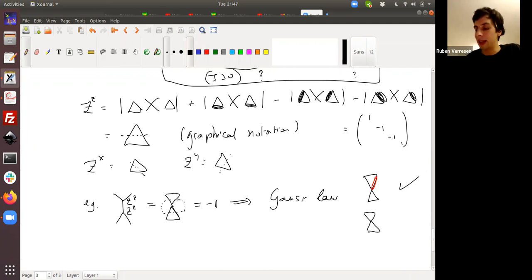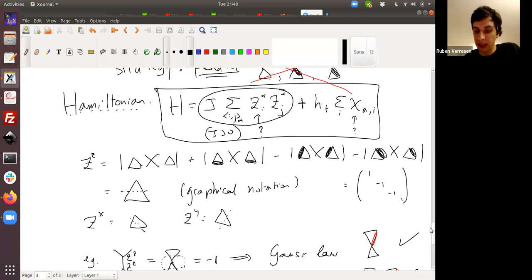Whereas something that violates it, like an empty one, or a double one, will not be consistent with -1. It will be energetically forbidden. Okay. So with this 2-body definition, if we ignore this term for a moment, the low energy space is exactly all possible dimer coverings.